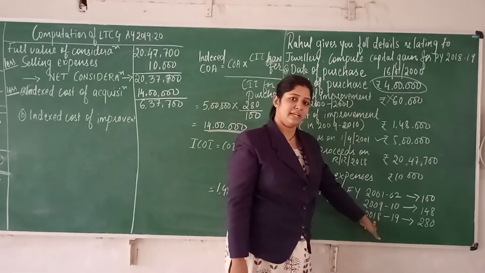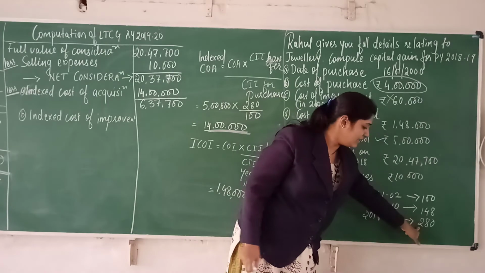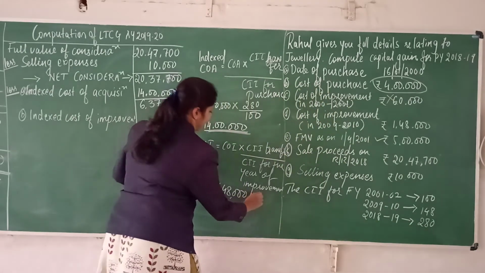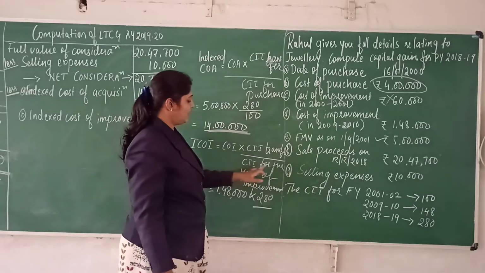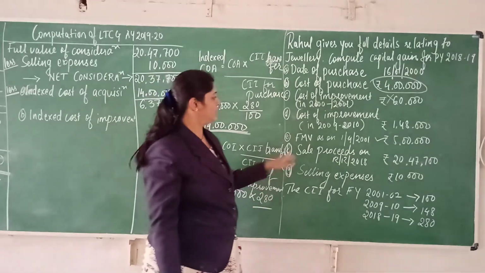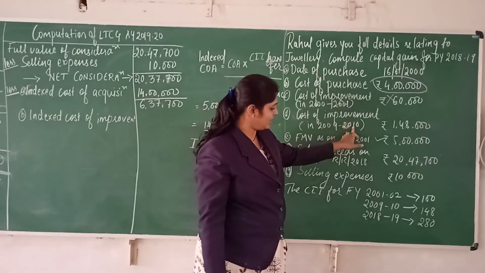As the transfer is done in the previous year 2018-19, it is 280 upon CII for the year of improvement. The improvement is done in the year 2009-10.